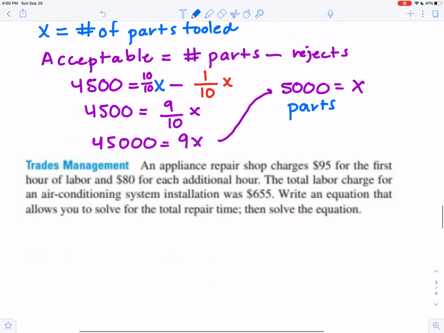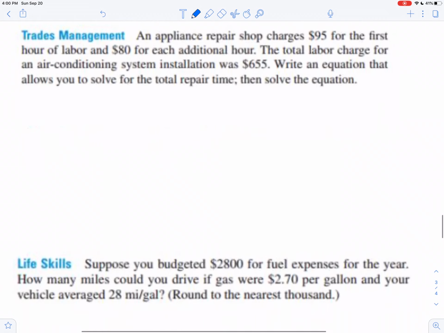All right, so moving into example 6, approaching it the same way. The information I'm given: an appliance repair shop charges $95 for the first hour of labor. They charge $80 for each additional hour past that first one.